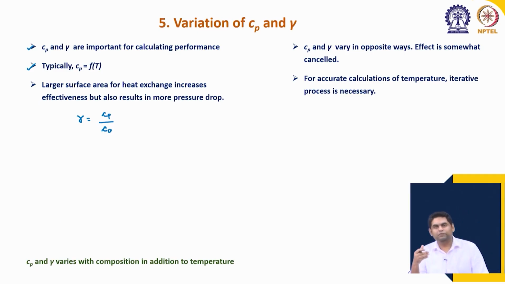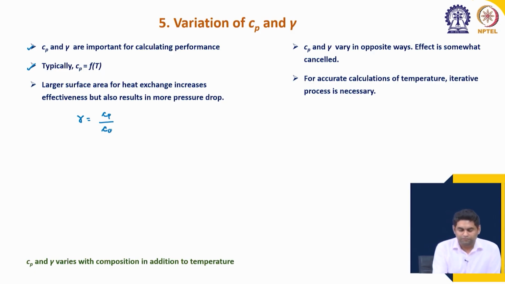We know that gamma depends on the nature of the gas, whether it is a monoatomic or diatomic gas. For combustion products we have carbon dioxide plus water vapor, which have more atoms per molecule as compared to, say, O2 and N2. As a result this is going to change, and Cp variation will itself affect the gamma value.